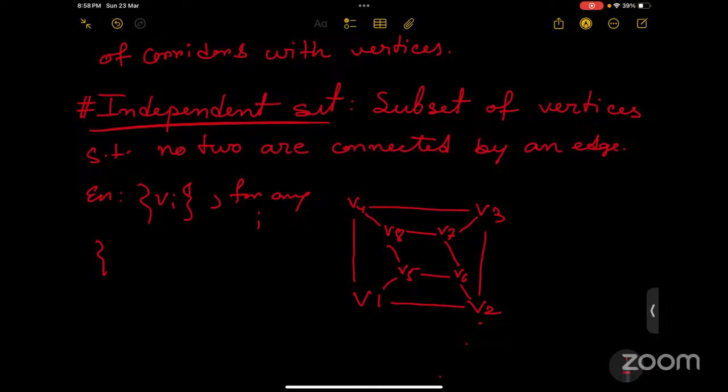Here we are taking the singleton set, so it is automatically disconnected. Obviously, V1 is not connected with V1, so we can take V1 here. If I take only one vertex, there is no other vertex which can be connected with it. So the singleton set will be automatically independent, right?